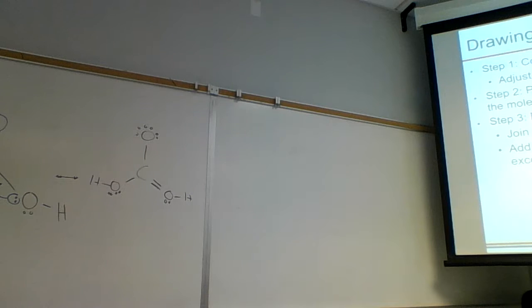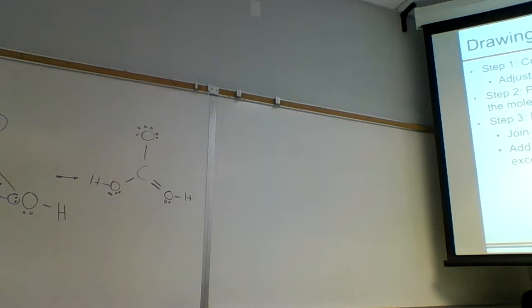So, can anybody tell me why I dislike the first and the third structure? And I really like the second structure. Does it have something to do with the double bond between carbon and oxygen and the hydrogen attached to it? Yeah, it does. Because oxygen normally likes to form how many bonds?